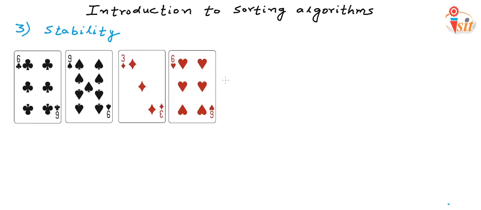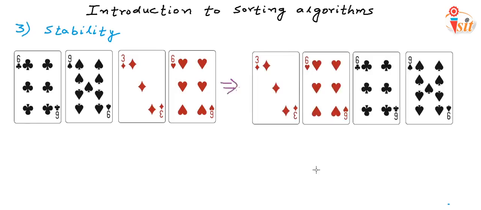One possible permutation will be this. The cards are sorted by rank. We have got 3, 6, 6, 9, but if you see in the original list, 6 of club was coming earlier than 6 of heart, but when we have this permutation, which is a sorted arrangement, 6 of heart has come before 6 of club.